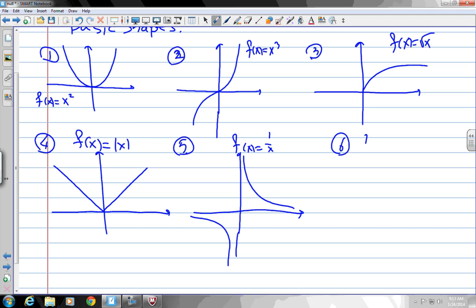Six, your linear function, so f of x equals mx plus b. So these are the family of all linear functions. Depending on the slope, but we know b is the y-intercept, so the positive slope looks something like that, negative slope goes down, whatever. You know your linear functions.